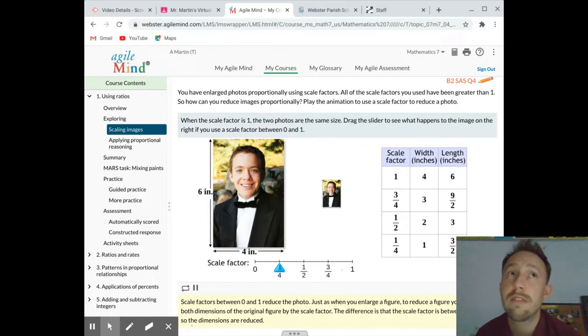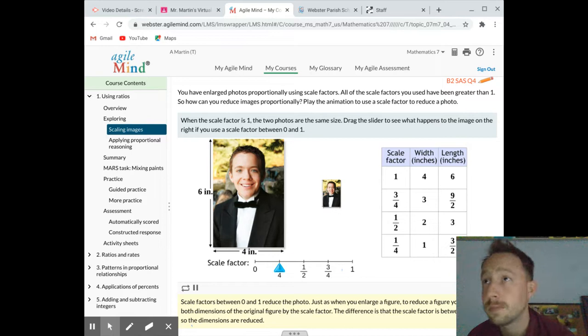So if you have 1/4, how many is that in decimal form? 0 point what? How many cents would that be? 1/4 of $1, what is 1/4? 25 cents. It's 25 cents.